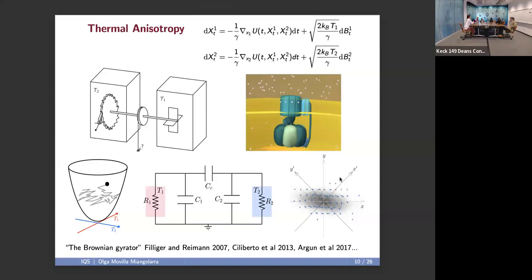So I guess we are seeing low entropy states as resources. In our case, we assume we have infinite heat baths, but this is typically not the case.